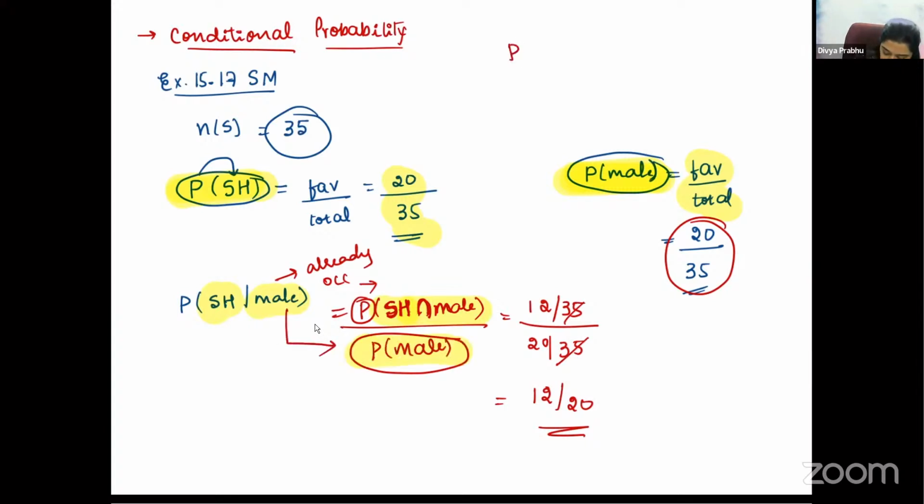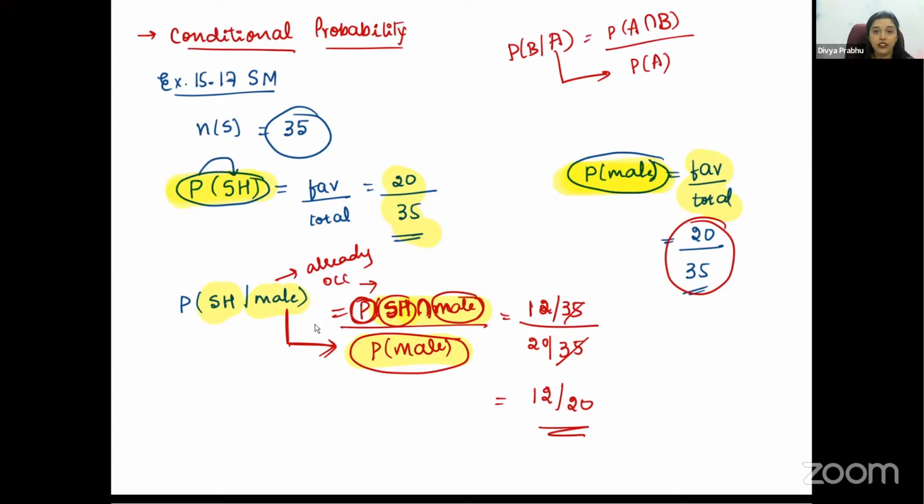Correct? If you remember, P of B slash A formula is P of A intersection B divided by P of A, where P of A is already occurred. Similarly, male is already occurred here. Now they said probability, which we want as favorable upon total. What is the favorable? The service holders who are also males.